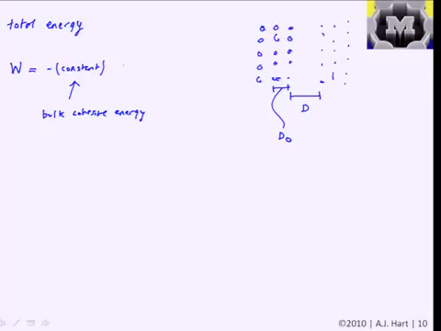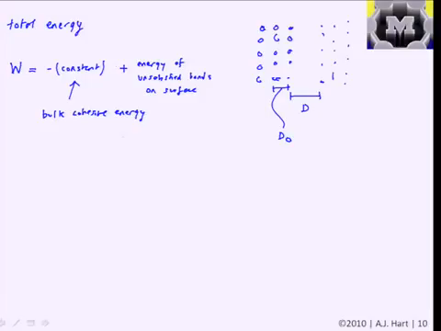And then we'll have a second term, which will represent the energy of the unsatisfied bonds on the surface, and you can see that these are of opposite signs because we sort of have to take a little bit away due to the unsatisfied bonds on the surface from what we're calling the bulk cohesive energy.